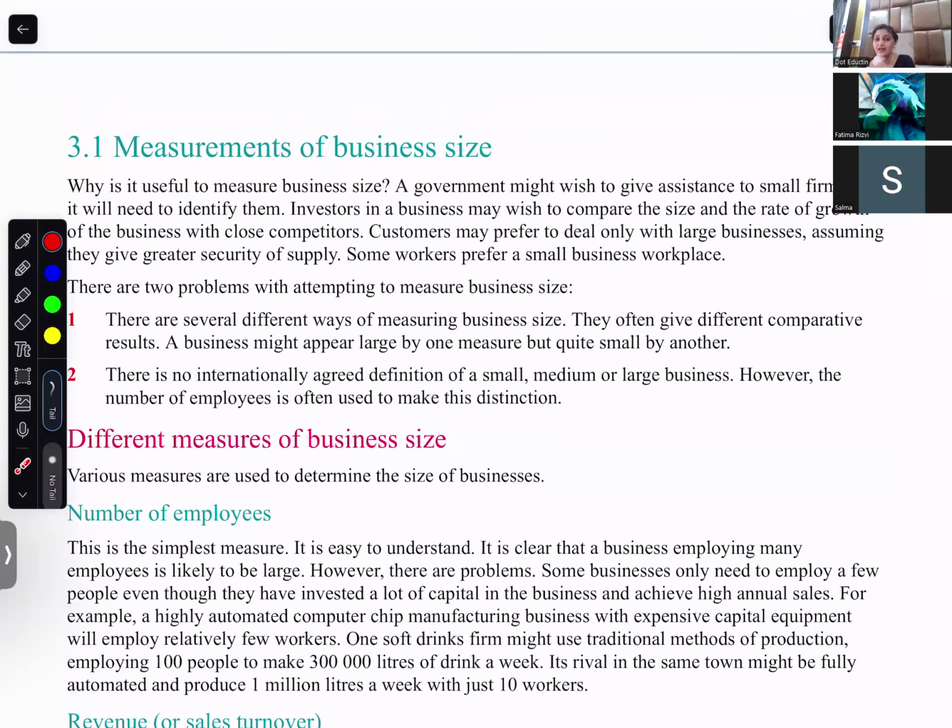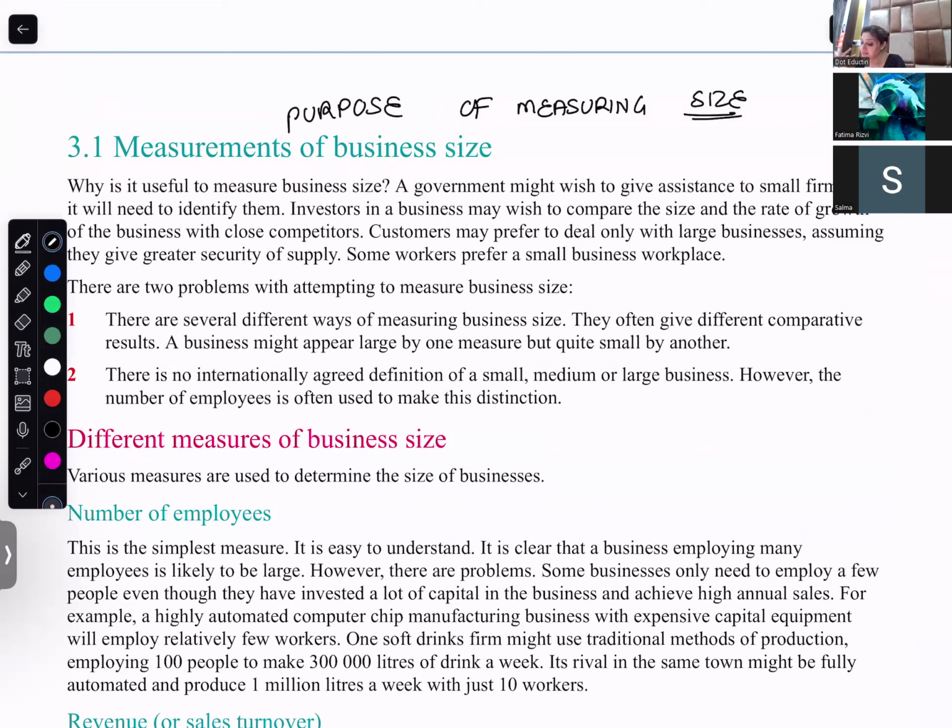Okay. Can you tell me what is the purpose of measuring size of any business? Because of investors, maybe. Maybe they want to know. Investors might want to know the size of the business to compare with competitors. Okay.